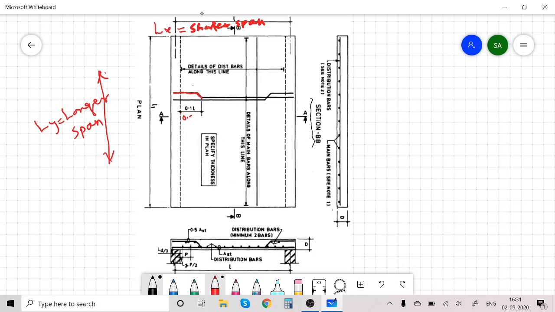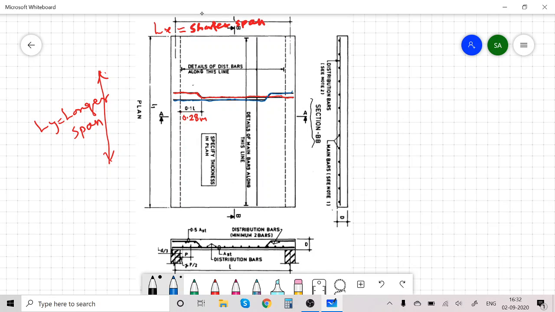So here you can bend it at 0.28 meter. And take this bar up to the end. Rest it on this support beam. Then the alternate bar is bent on the other side. See, lay this bar like this, take it up. In general, the angle is 45 degree. It is bent at an angle of 45 degree. So this is the main steel.